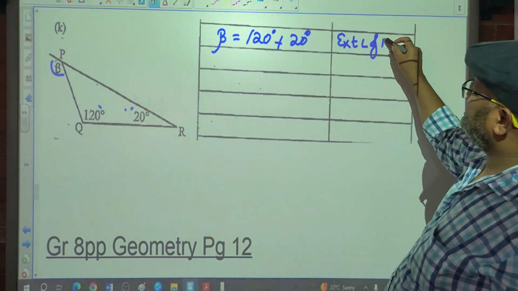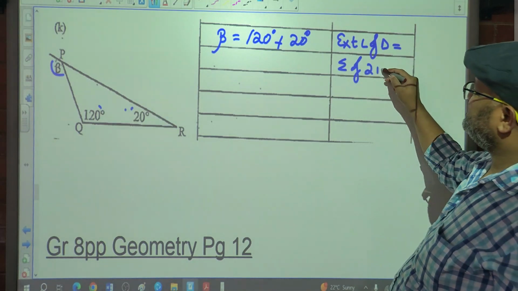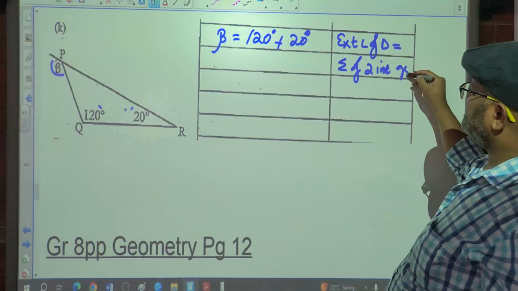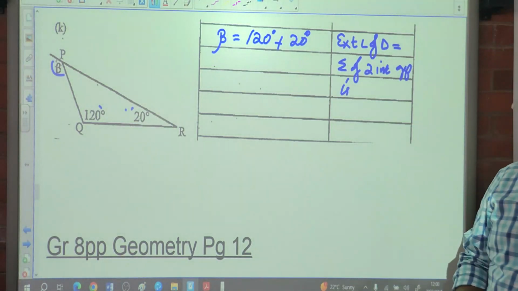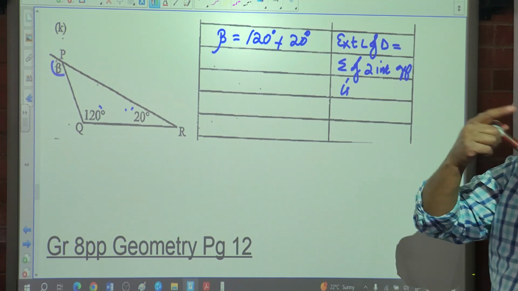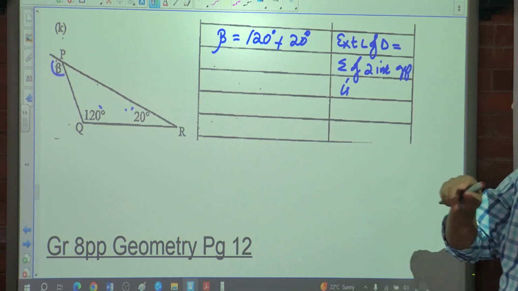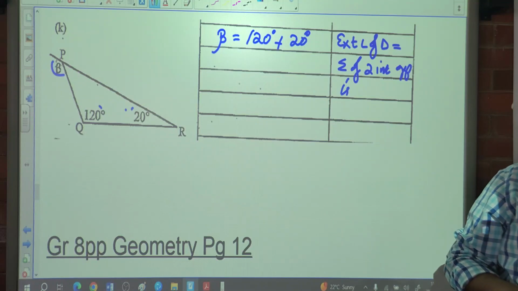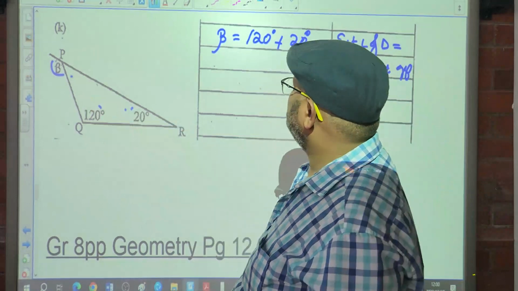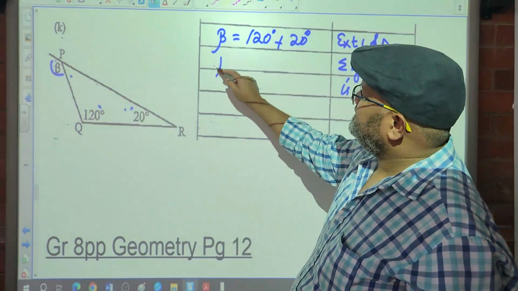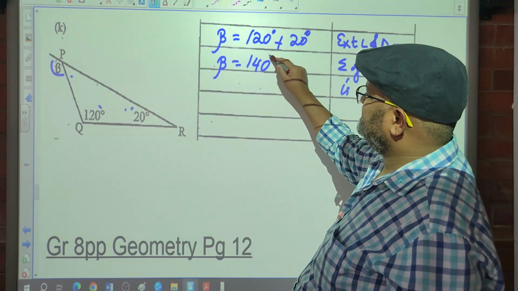Exterior angle of triangle is equal to the sum of the two interior opposite angles. The outside angle is equal to the sum of the two angles on the inside, but opposite to that. This is your adjacent. That is now your opposite. So your beta is equal to 140 degrees.